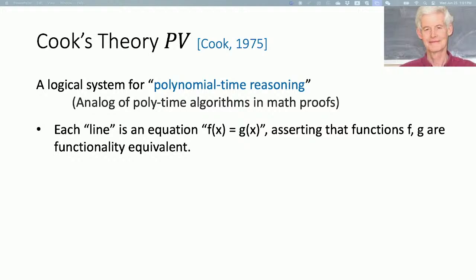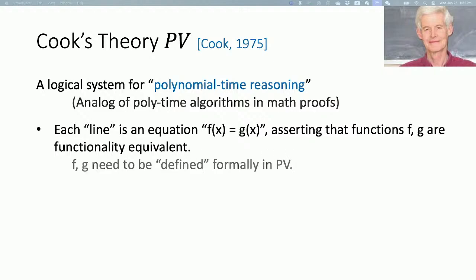Each line in your proof needs to be an equation that says some function f of x equals some function g of x, and that line means that for every natural number x, f of x equals g of x. So essentially, if you view f and g as algorithms, then they are functionally equivalent.